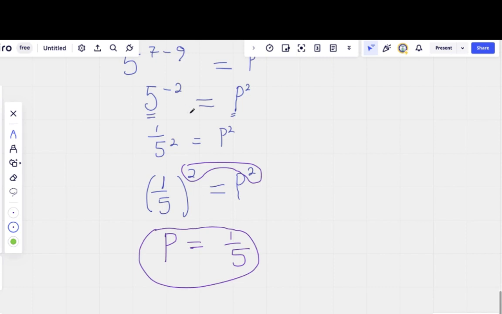Only because here this was negative 2, not 2. If here was just 2, if there was no negative here, the powers would be the same and p would have been equal to 5. But because this is 5 raised to the power minus 2, we put it in this format. We say negative means 1 all over 5 squared.